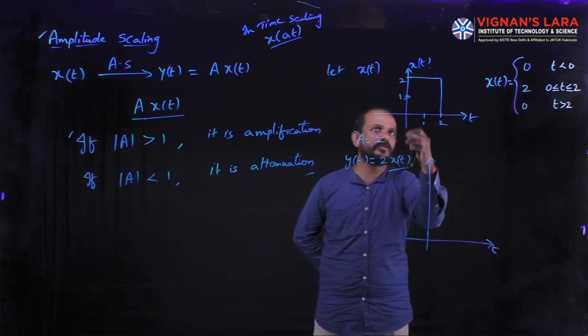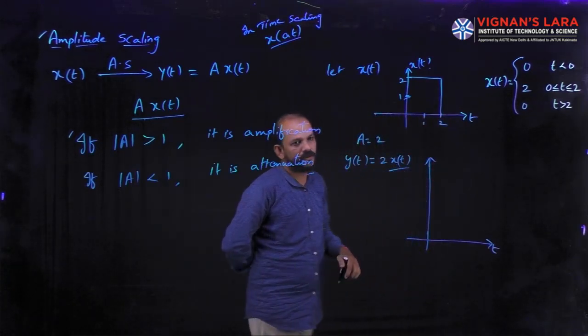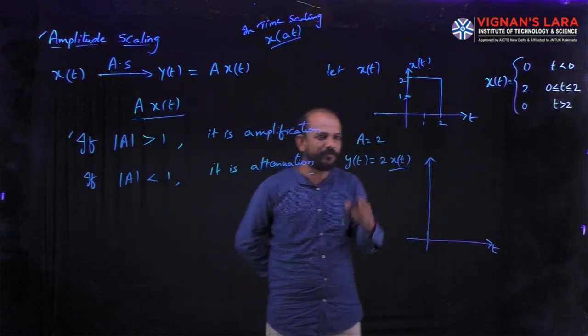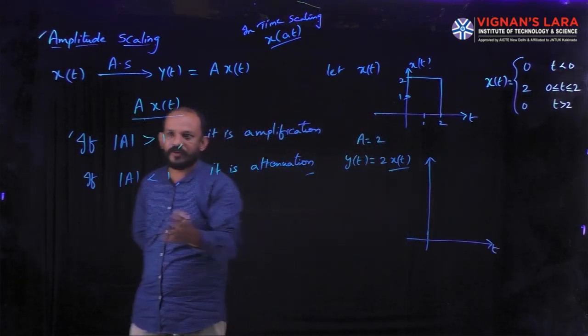Between 0 and 2, x of t is 2, and greater than 2, x of t is 0. Now, I have to write for y of t, which is nothing but 2 into x of t. That is amplitude scaling for mod A greater than 1.